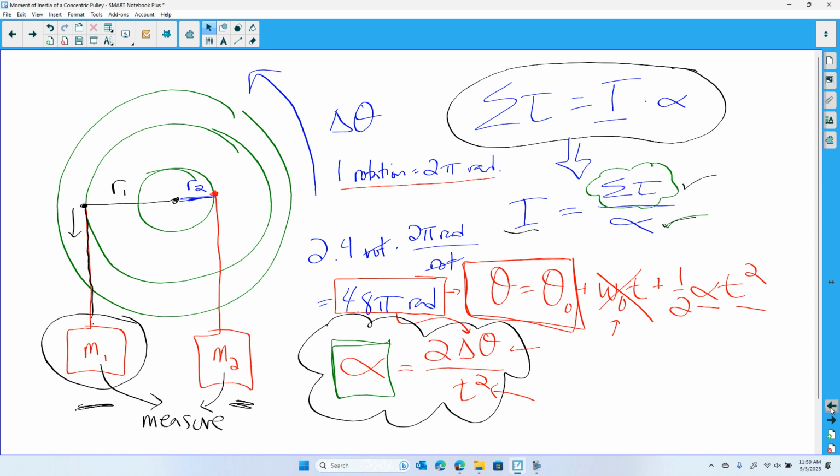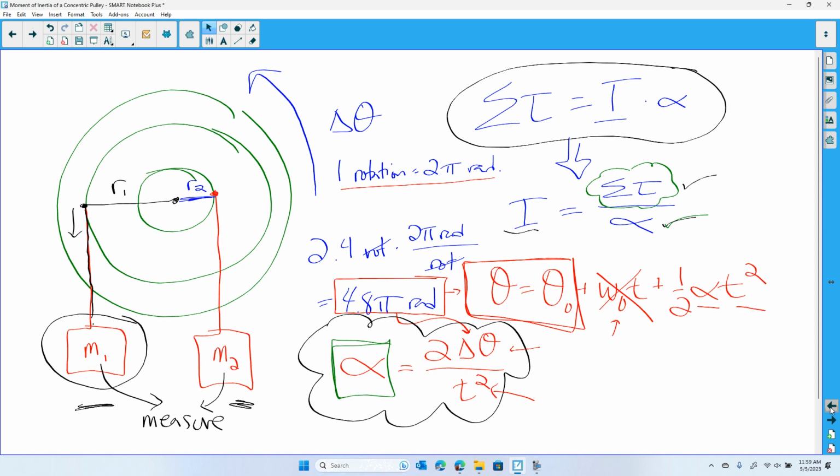Your math teachers would be very upset with me right now, but one rotation, which is 2 pi radians, is about 6 radians. So if it goes around 5 or 6 times, that's basically 30, 40 radians. We'll bump that up to 50 because this is physics, so we can mush our numbers around a little bit.